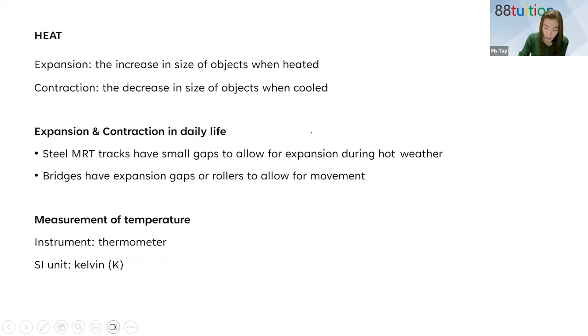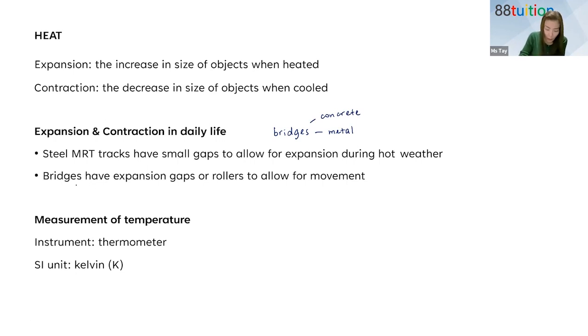This is also the same for bridges. Some bridges are made of metal, some bridges have concrete ground, but no matter what, there are always small gaps to allow for expansion during hot weather.